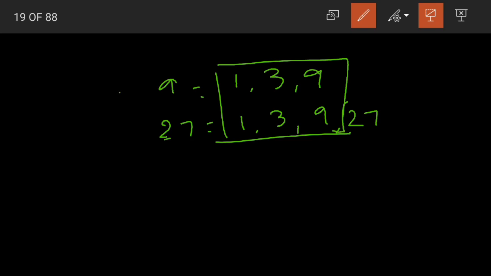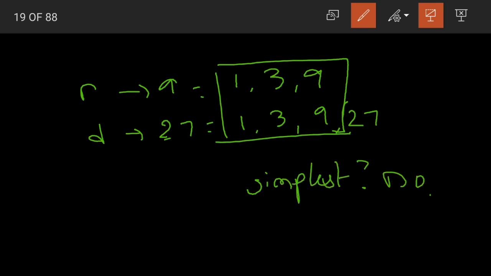These three are the common factors for our numerator 9 and the denominator 27. Now can we say that this fraction is in its simplest form? No. Why? Because other than 1 they have 3 and 9 also as their common factors.